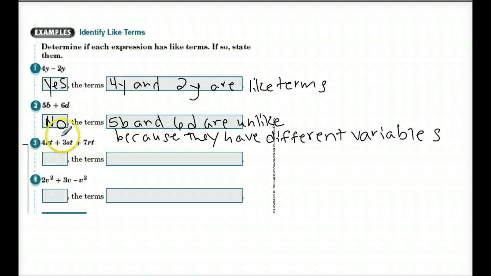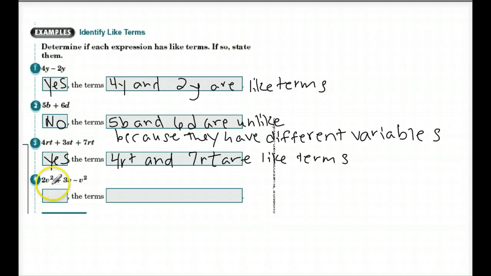Does this expression have like terms? Yes. But are all of them like terms? No. Only 4RT and 7RT are like terms. So 4RT and 7RT are like terms.